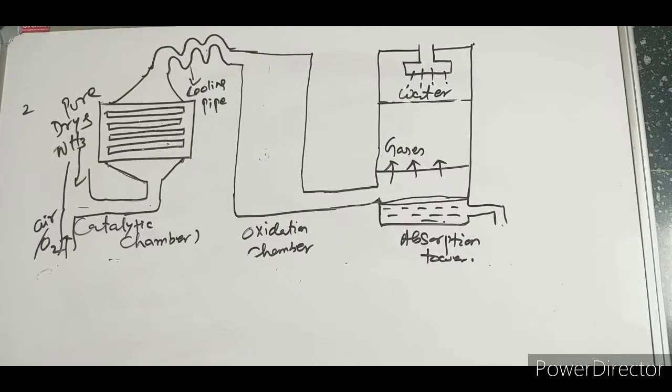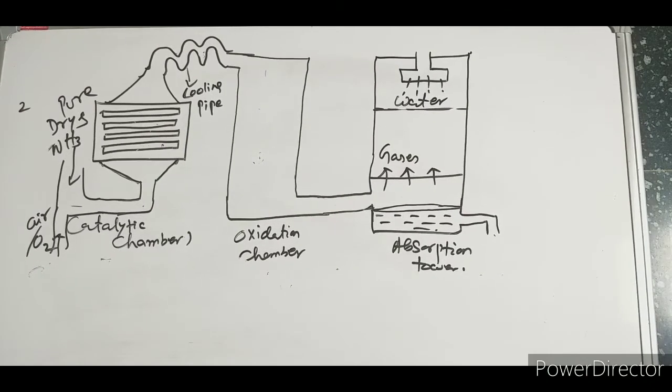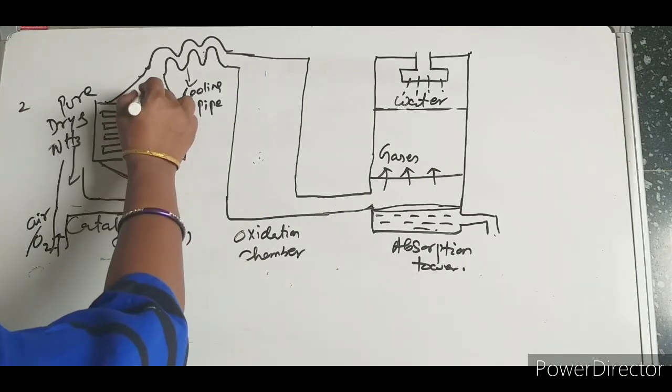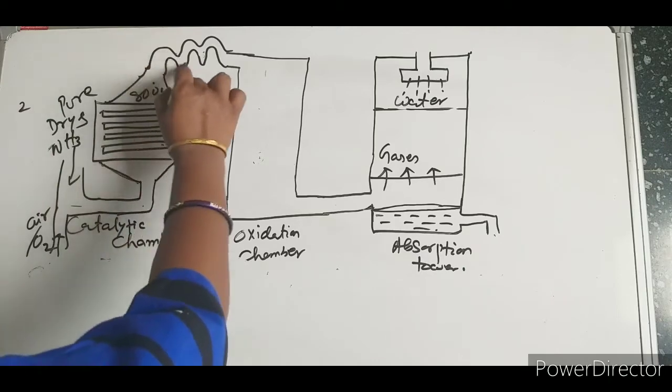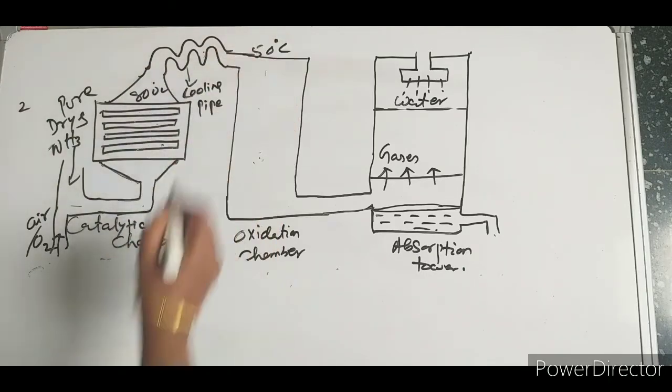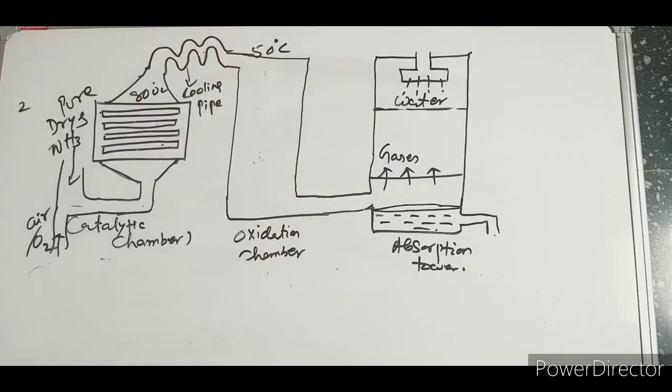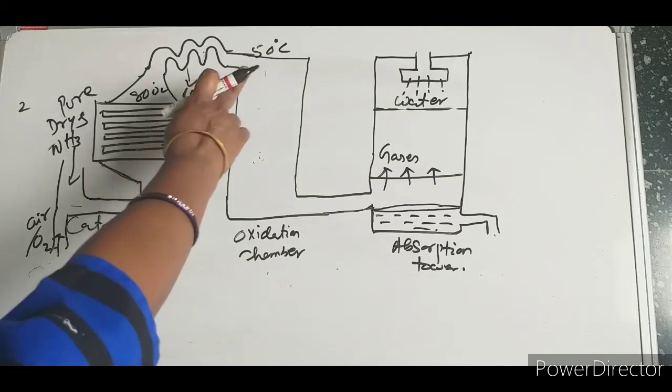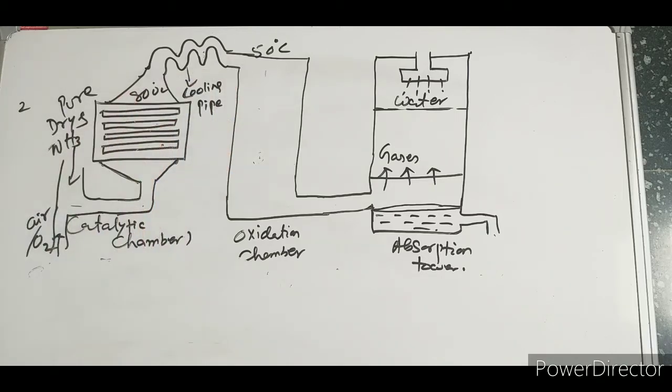Whatever cooling pipe we had taken, the temperature here is 800 degrees Celsius, and when passing through the cooling pipe the temperature is converted to 50 degrees Celsius. What is the reason why it is converted to 50 degrees Celsius? Otherwise NO2 will form again and that one will be decomposed. That is the reason why 50 degrees is considered.